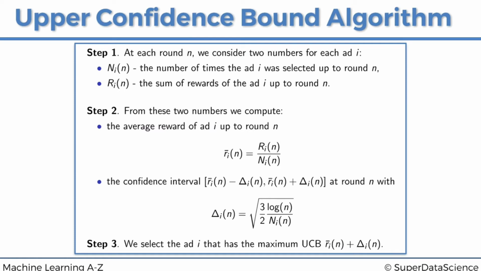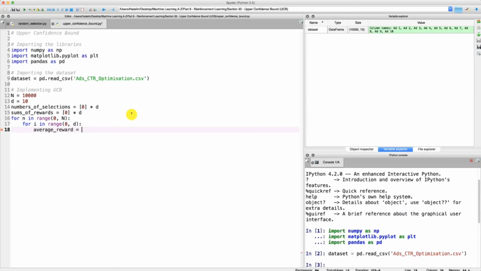All right, so what does it say? It says that it's the sum of rewards of the ad version i up to round n divided by the number of times this ad version i was selected up to round n. So simply let's write this formula. We already have these two variables. Well, we have the vectors, but of course we will take the ith element of these two vectors because they correspond to our ad version i of the ad.